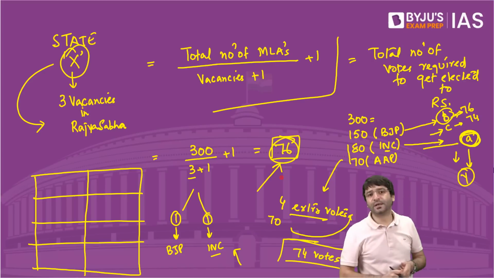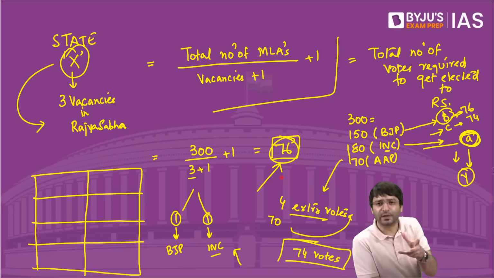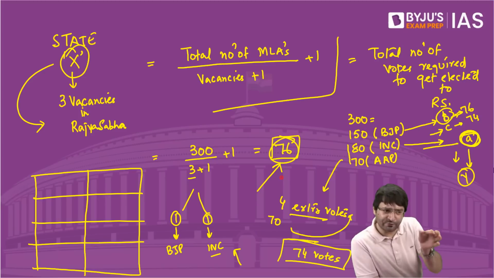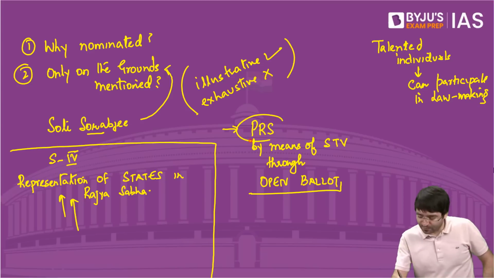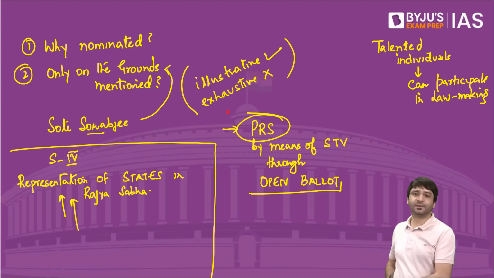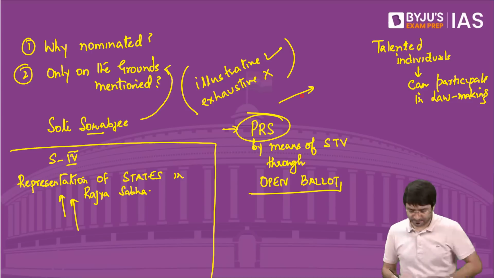That means even without voting, you will still get to know from which political party how many candidates would get elected, because we follow the proportional representation system. For example, in Delhi, we have 3 vacancies.